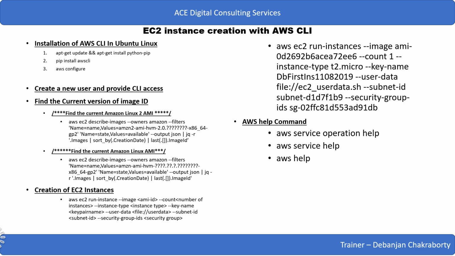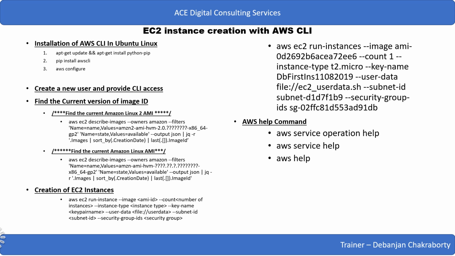Basically, you first need to create one user in IAM, identity access management. You need to create one user and give some access rights to work with the AWS CLI. Once the IAM user has been created, you can configure the AWS CLI with AWS configure.